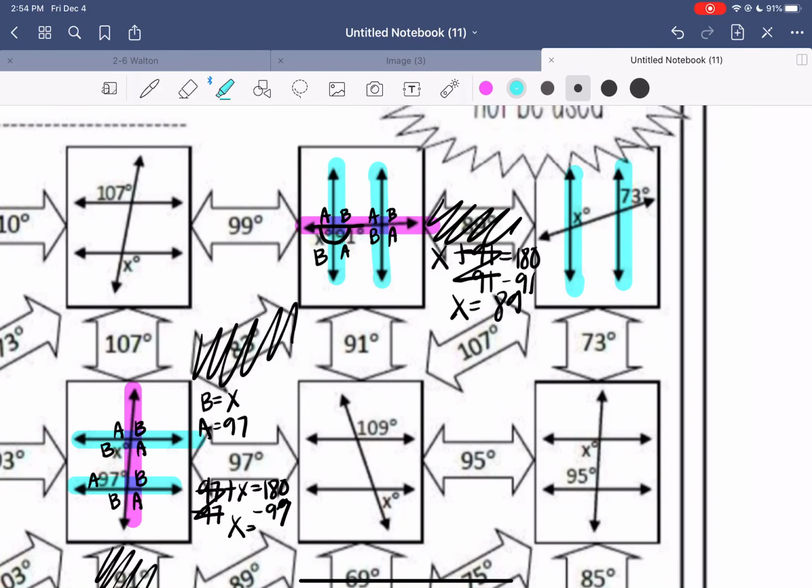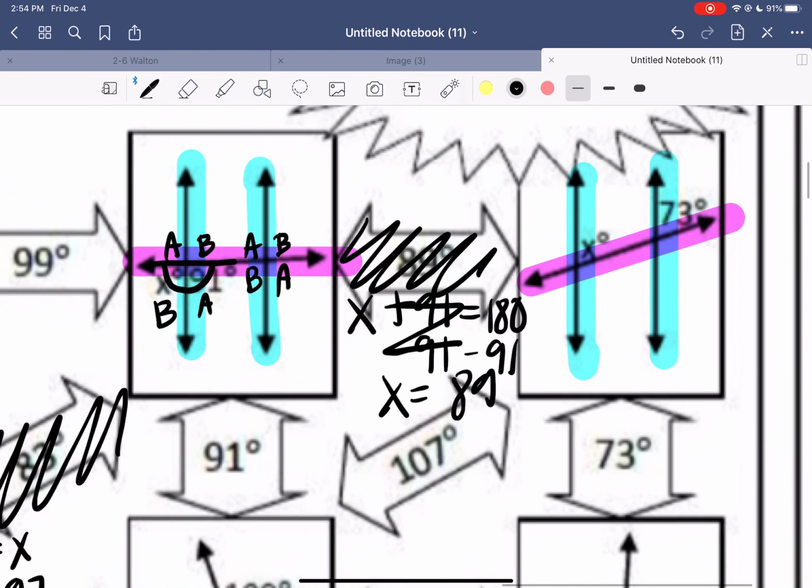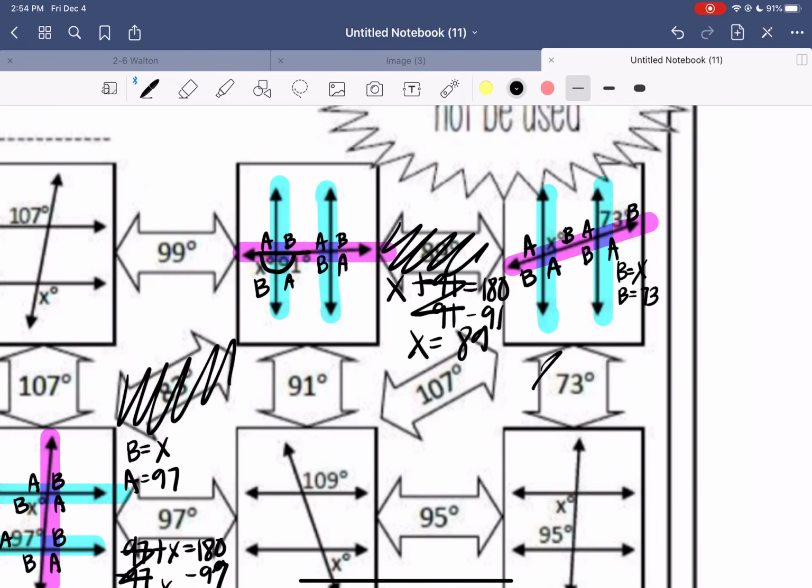We have our two parallel lines cut by a transversal. And filling in A, B, A, B, A, B, A, B. So we have a B equals X and a B equals 73. So we know B has to equal B, so this is going to be 73.